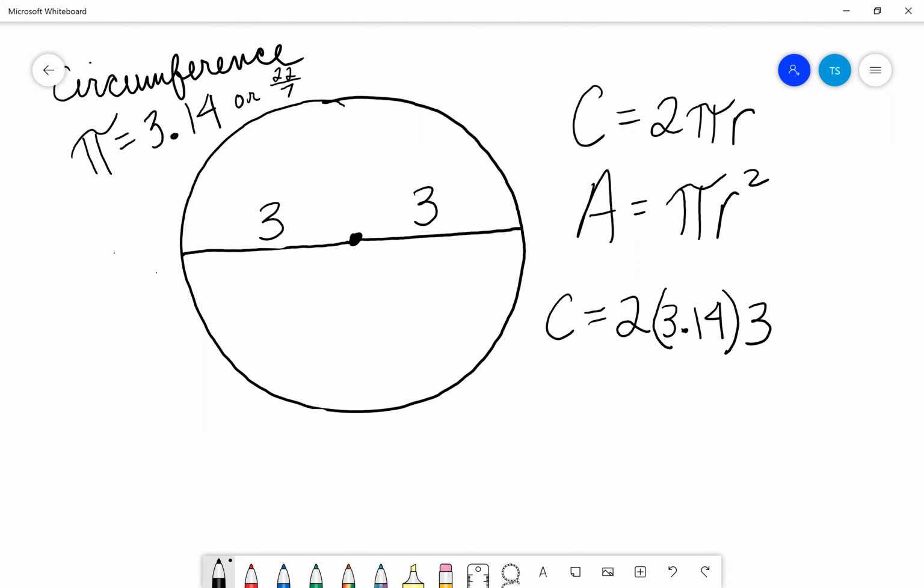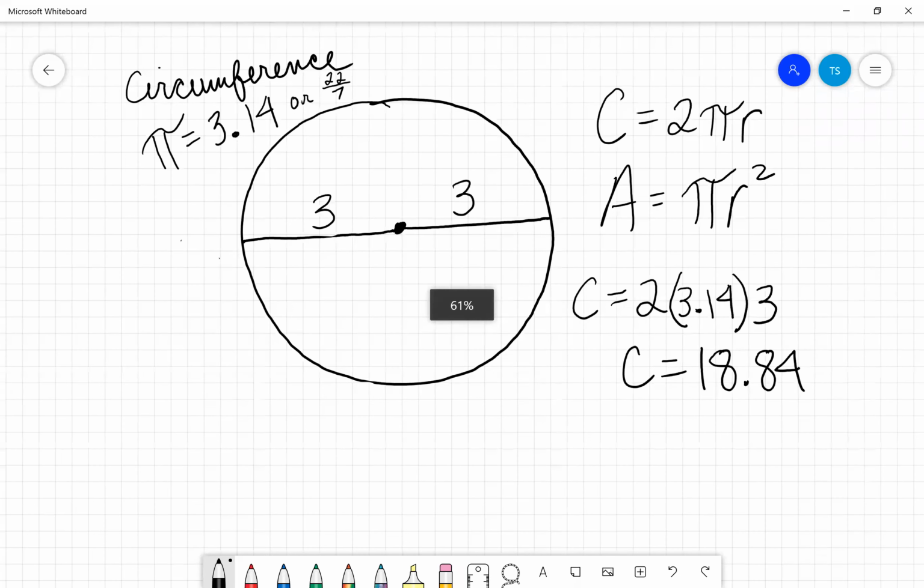This will tell me the measurement of the outside of the circle. So 2 times 3.14 times 3 gives me 18.84. That's my measurement on the outside of the circle.